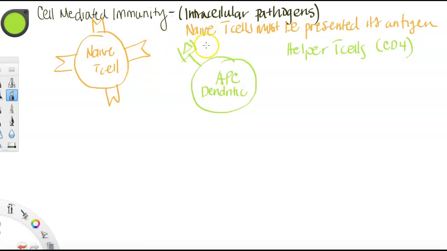They present on an MHC2 platform. So if this is a CD4 cell, then it will bind to this antigen presenter with its MHC2 platform. Okay? The antigen presenting cell will activate the CD4 cell. Okay? So once it binds, so let me erase this and show it binding.